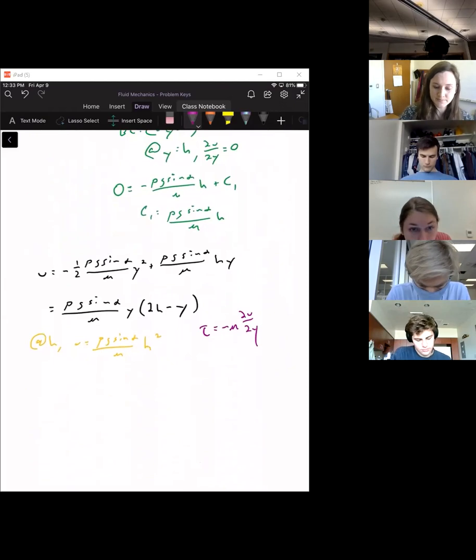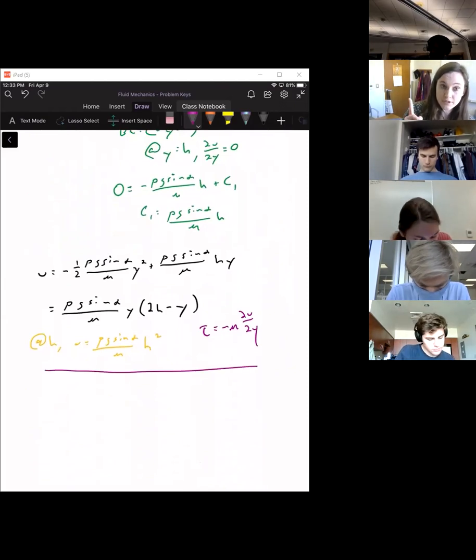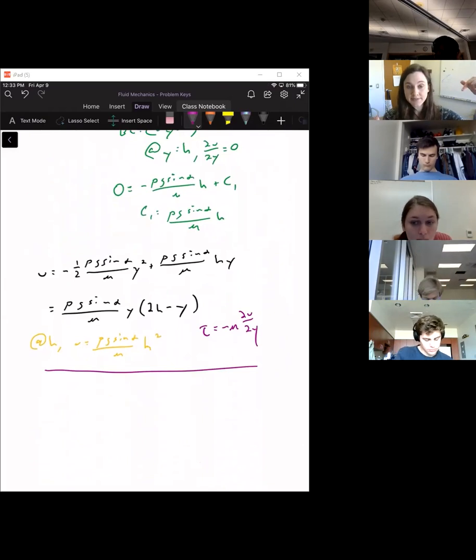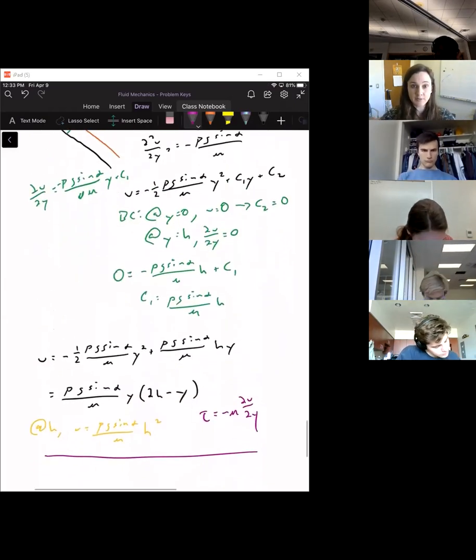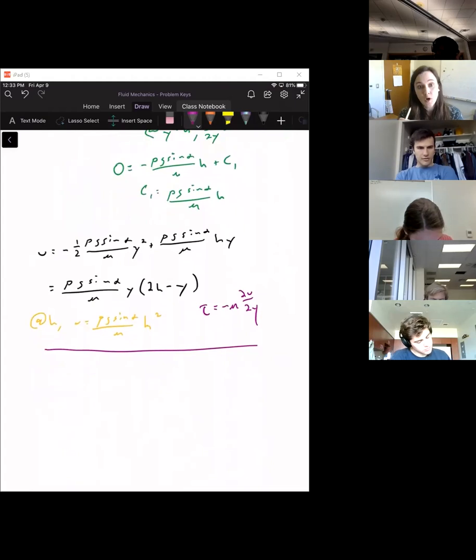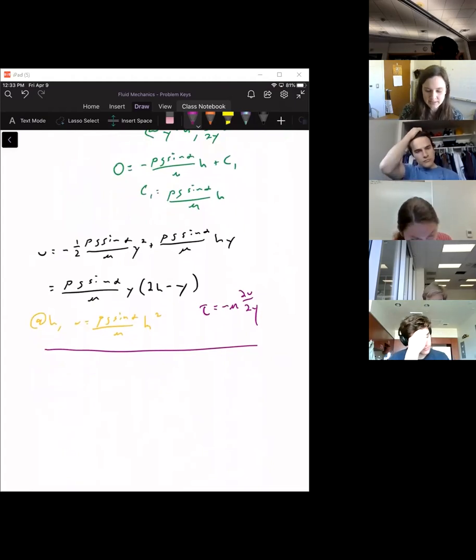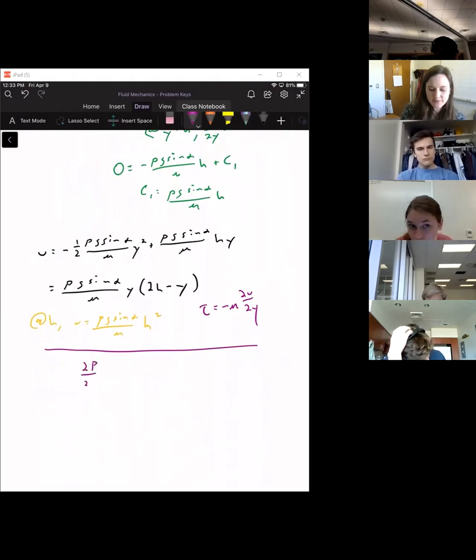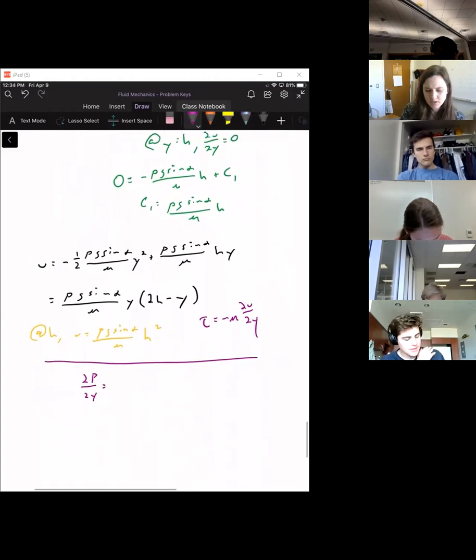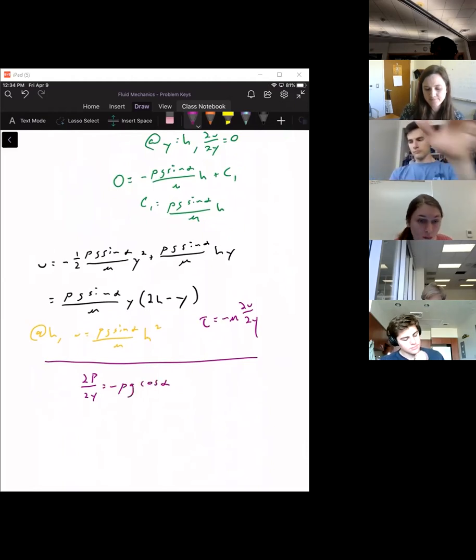So in that problem, the x component of Navier-Stokes should have simplified down to what I put up there. And then the y component, if you did that, which you might not have done because I didn't ask you for pressure, should simplify down to, I think, negative rho g cosine alpha, like that.